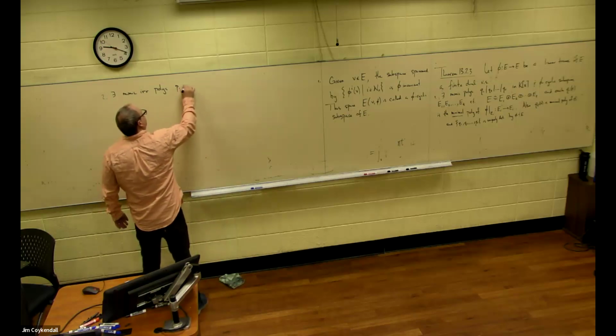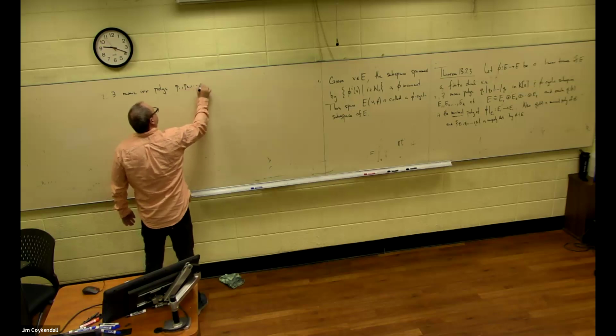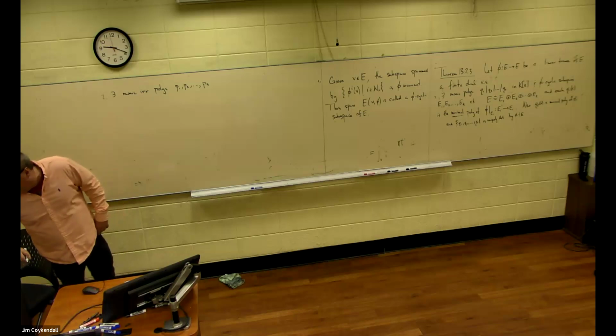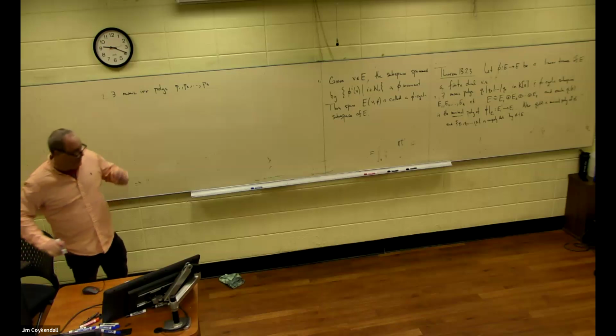So they're monic irreducible polynomials p_1 through p_s and phi cyclic subspaces V_ij.